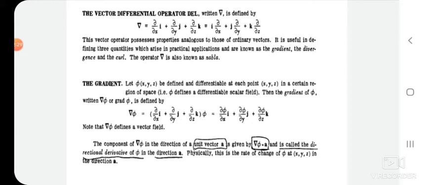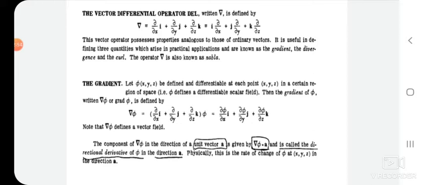That is, phi defines a differentiable scalar field. Then the gradient of phi, written del phi or grad phi, is defined by del phi, where del is the vector differential operator.